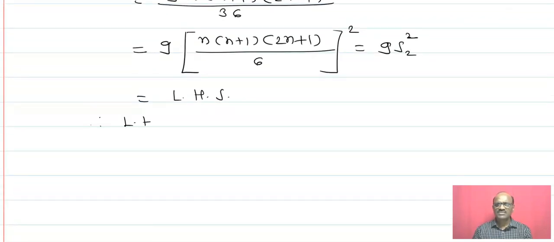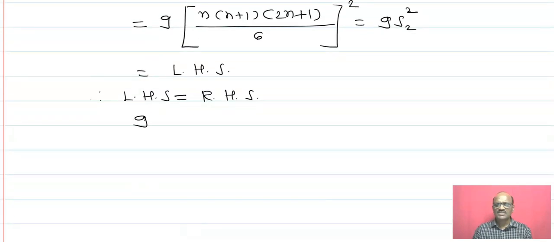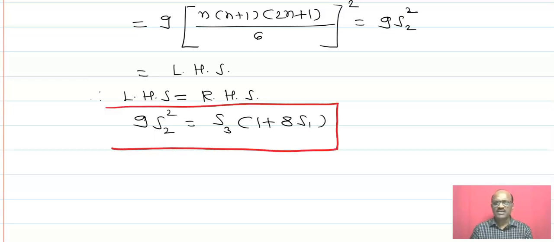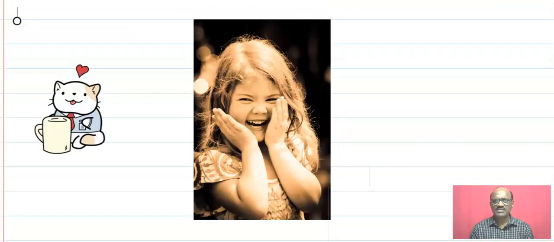Therefore, LHS is equal to RHS, that is 9 S2 square is equal to S3 times (1 plus 8 S1).